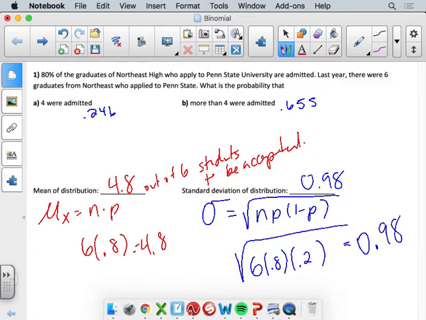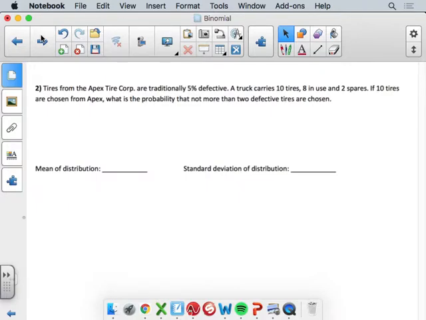Okay, let's try number 2. So examples. Tires from this tire company are traditionally 5% defective. A truck carries 10 tires, 8 in use, 2 spares. If 10 tires are chosen from Apex, what's the probability that not more than 2 defective tires are chosen?